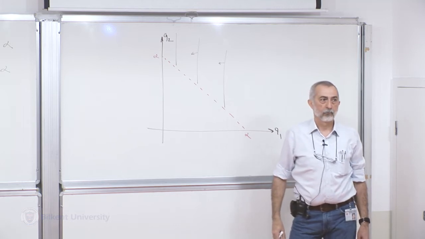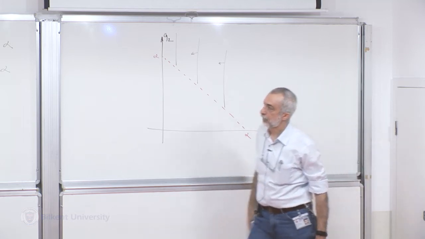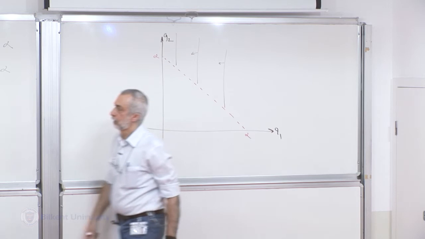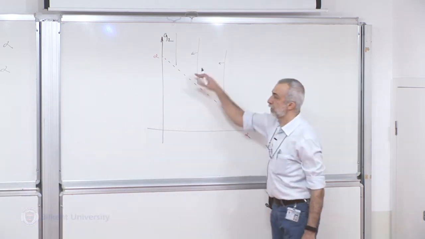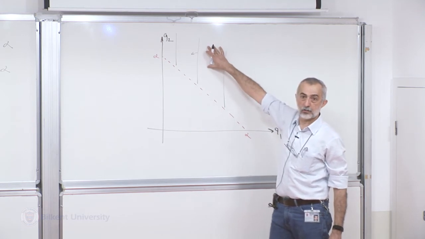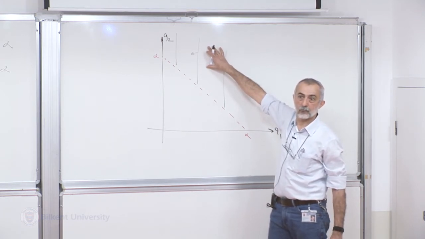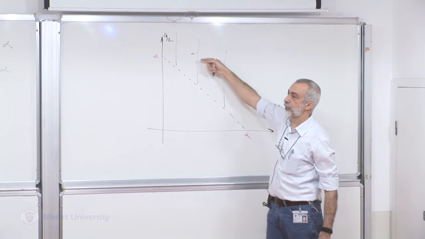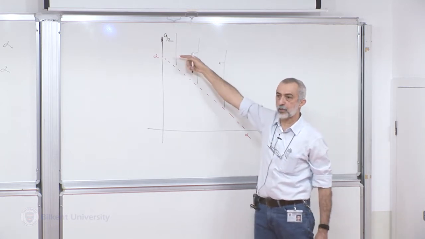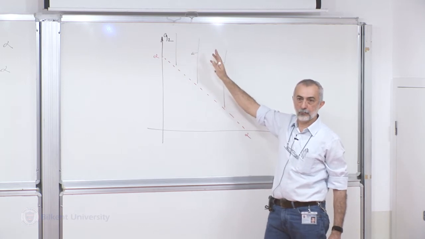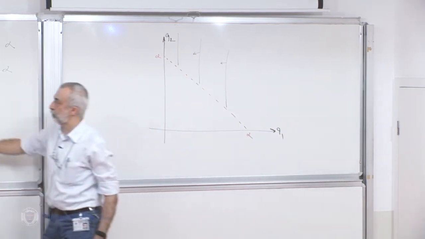Note that C is positive, Q1 is positive. So in this region, profit is negative. So in this region, the firm is losing money. As we move in this direction, it's losing less money. So this part we took care of.